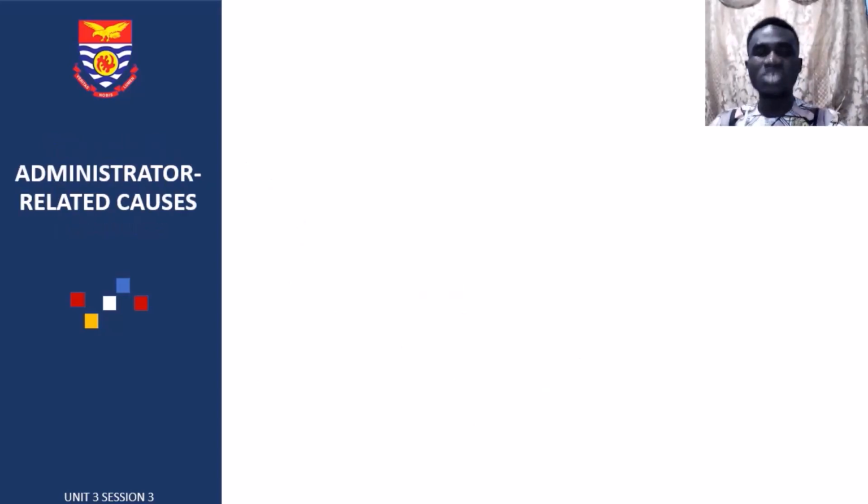Now, what of administrator-related causes? Note that some student misbehaviors are caused by the school administration or environment. So, for example, students are not likely to misbehave at a school where we have firm, consistent enforcement of rules and regulations. But when we are in schools where administrators produce unrealistic rules and regulations, these rules are likely to encourage students' misbehavior.